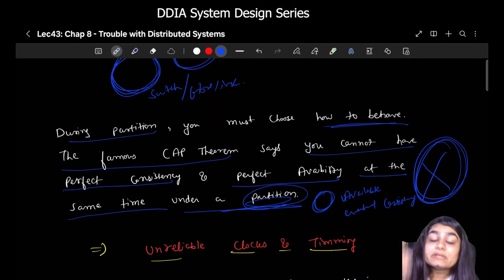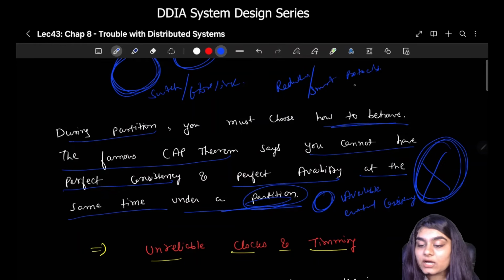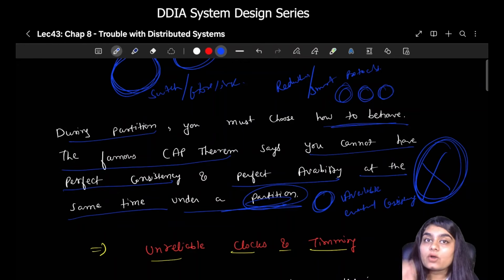Modern systems mitigate the unreliability by redundancy and smart protocols. They spread the data across multiple machines and data centers. They use consensus or quorum protocols so that a majority of the nodes must agree on updates, preventing split brain.